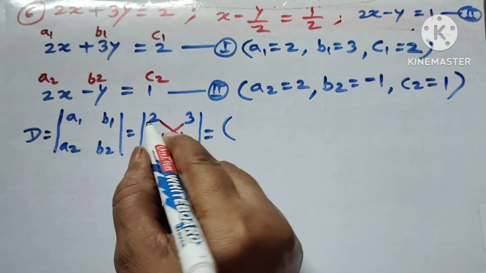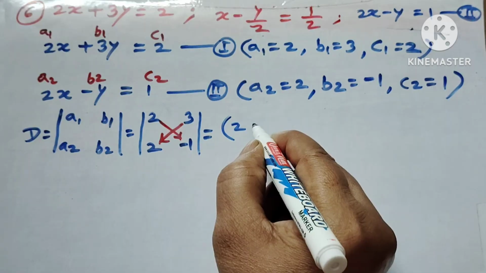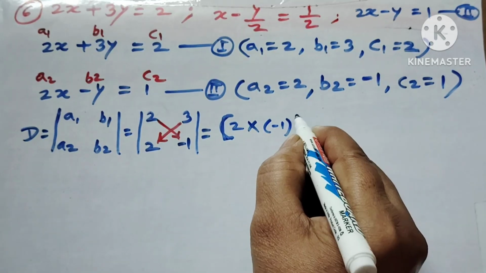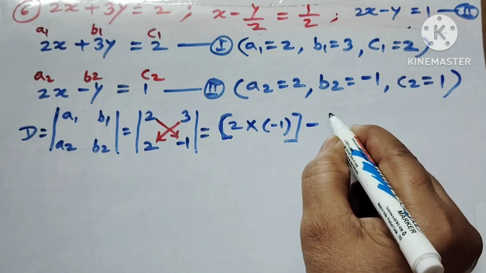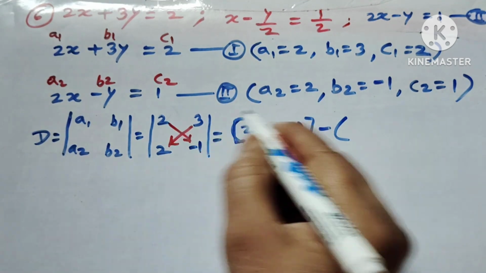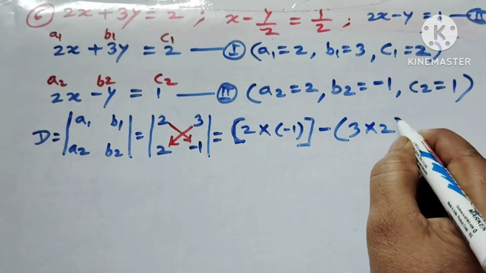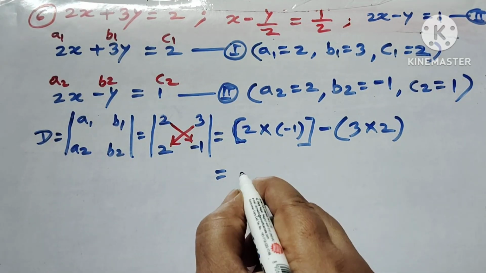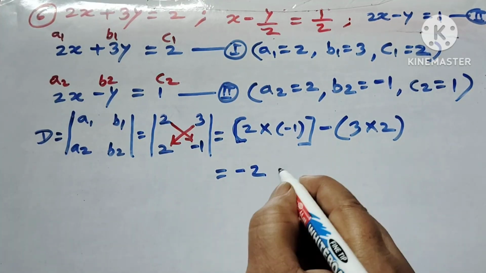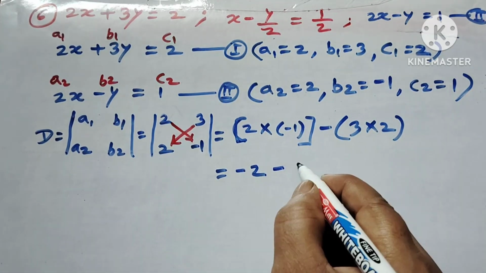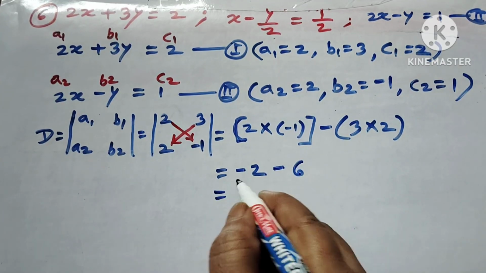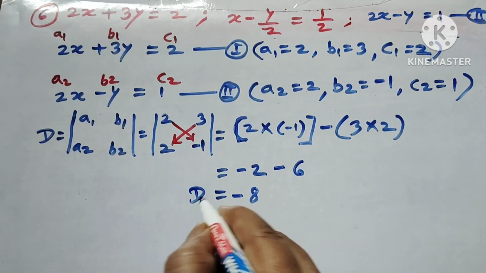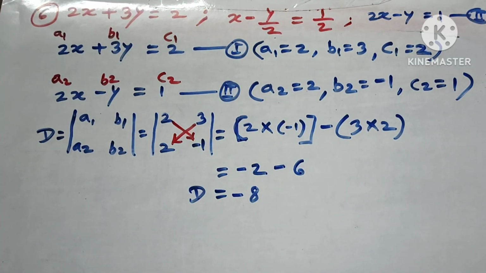In bracket 2 into minus 1 minus in bracket 3 into 2 is equal to 2 into minus 1 minus 2, then minus 3 into 2 is 6, is equal to minus 2 and then 6. D is equal to minus 8.